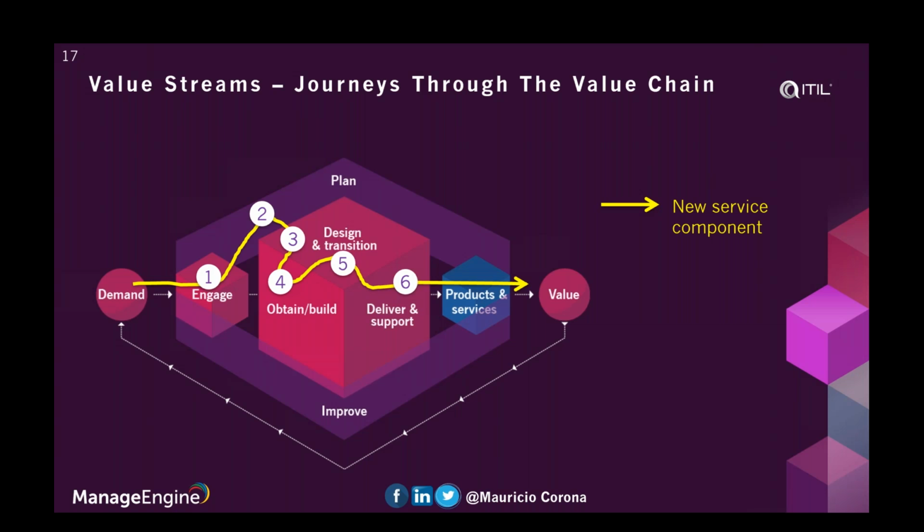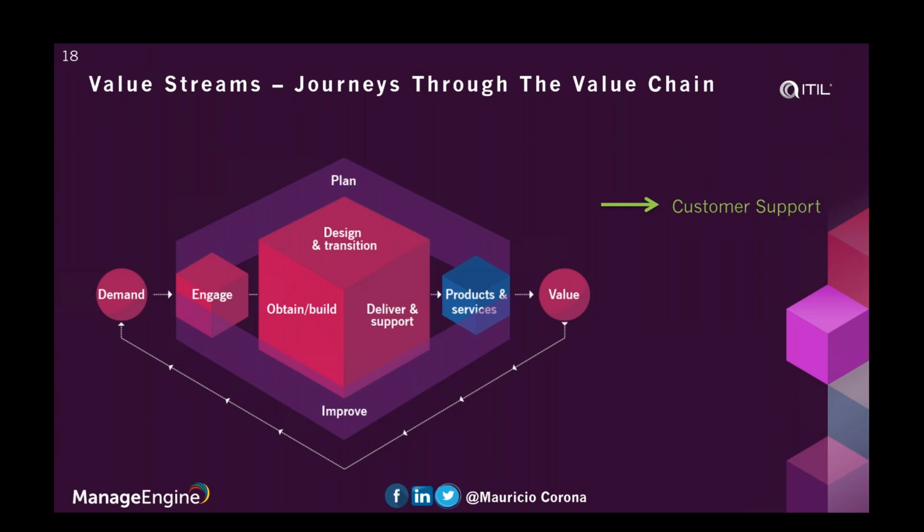Okay, and now we launched a new component, so there is a value stream that supports this launch. But what if this new component needs customer support? Well, then maybe we will have a different value stream. If a user uses our chatbot and says, hey, I need some help here, some support, then maybe this support goes through Engage, then deliver something or do the first line support, then get back to build, to design, to deliver the new service, and then go out to value.